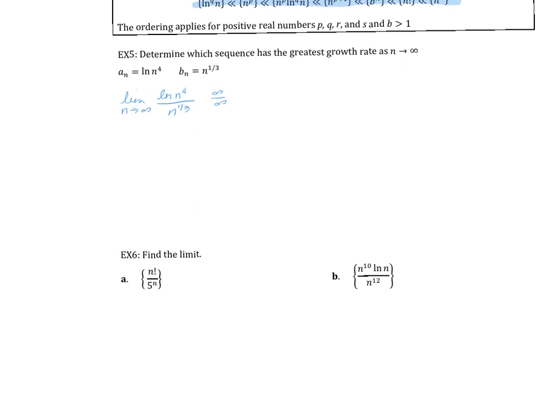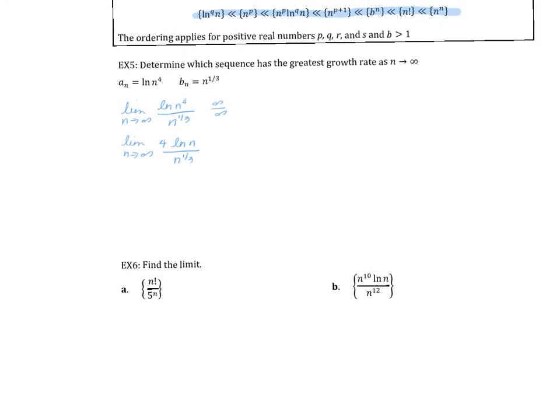So I could use L'Hopital, or I can also notice that in my numerator, I can bring the exponent 4 out in front of the natural log. So it's 4 times the natural log of n over n to the 1/3. And the natural log of n as n goes to infinity is infinity over n to the 1/3, which is infinity. So again, I can use L'Hopital's, or I can use that theorem. In that theorem, natural log grows slower.